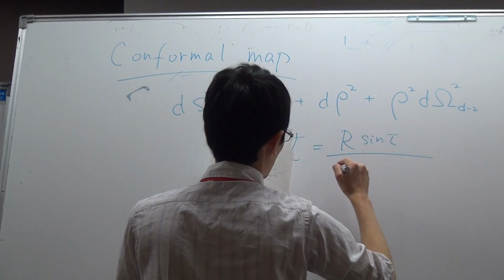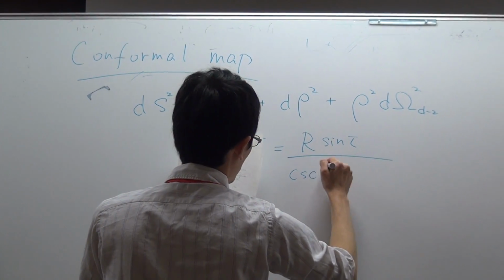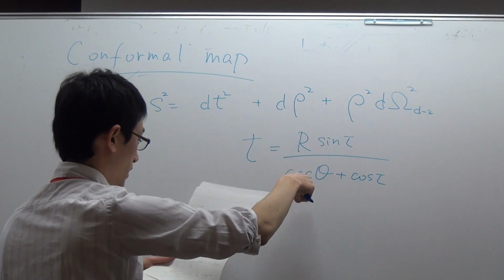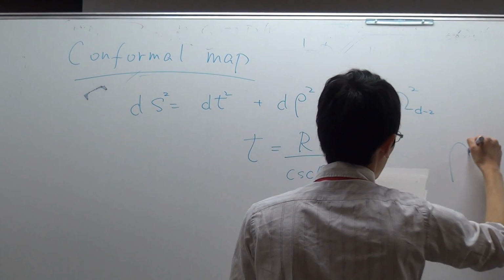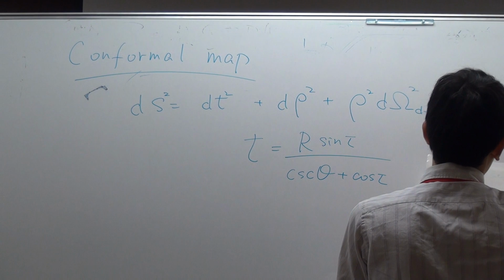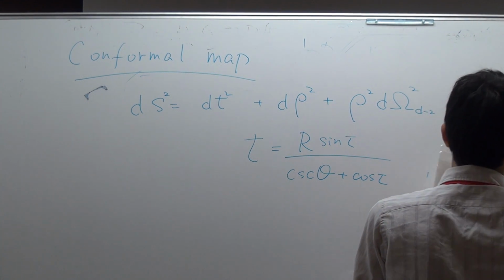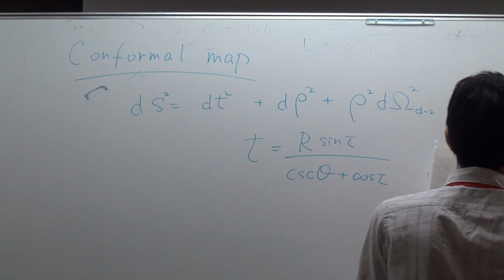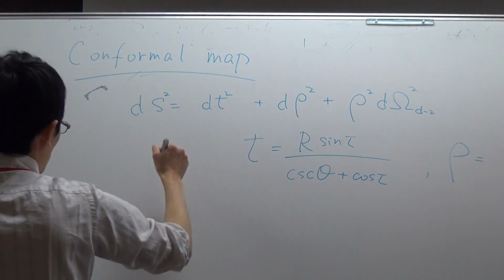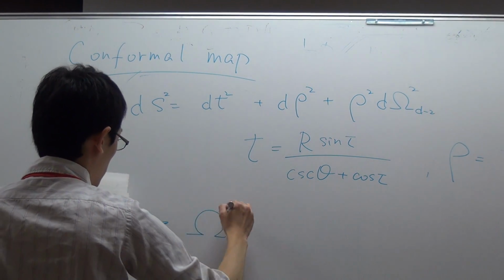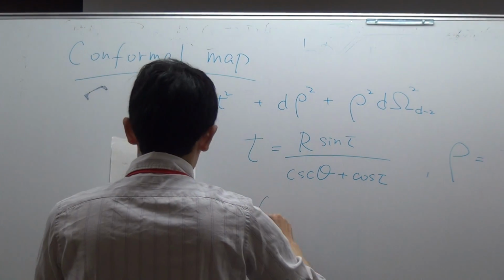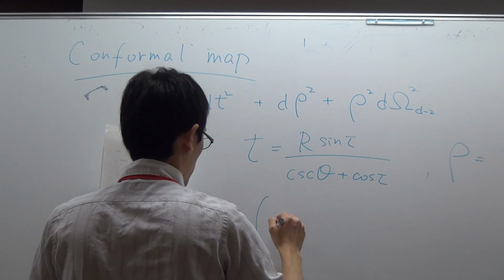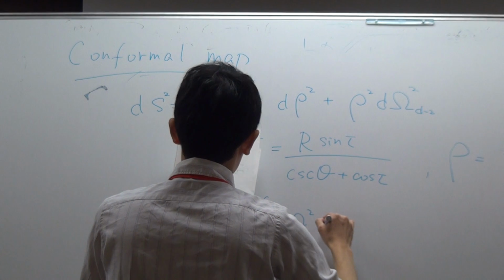But yeah, this is not so important, but you have some coordinate transformation, and I introduce new coordinates tau and theta. So after the coordinate transformation, you have some factor, some function of tau and theta here, and you have a metric for the sphere.